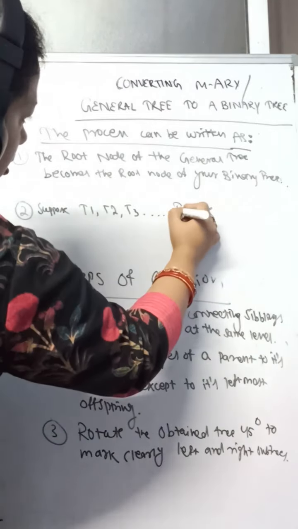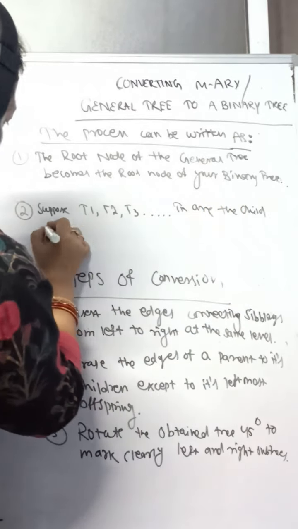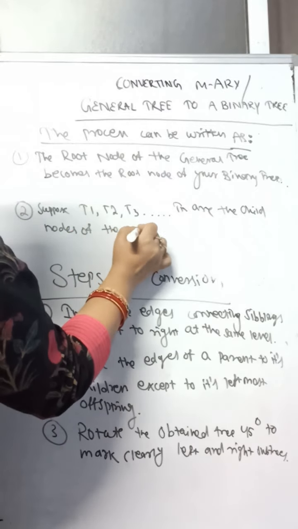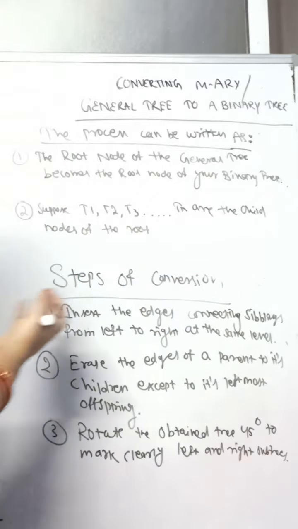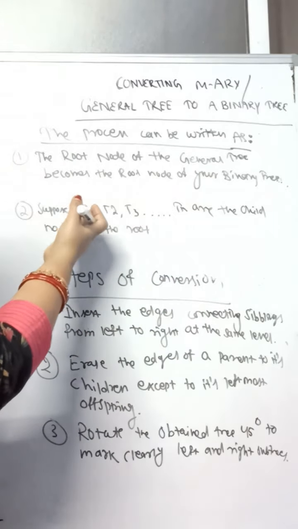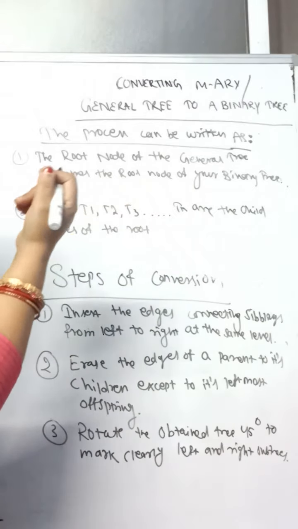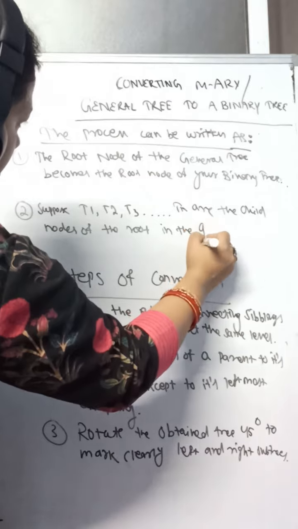M-ary means it may have 3, 4, 5, many number of children. So suppose T1, T2, T3 till Tn are the child nodes of the root in the general tree.